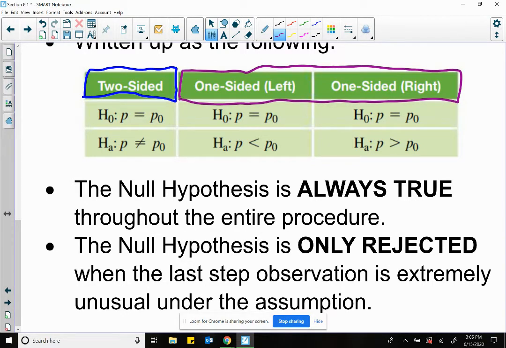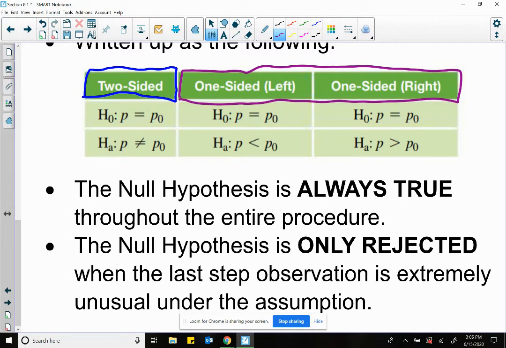And that's what I'm saying right here. The null hypothesis is only rejected when the last step observation is extremely unusual under the assumption. And we're going to talk more about that coming up. But it is only until the last step where we might reject the null hypothesis.